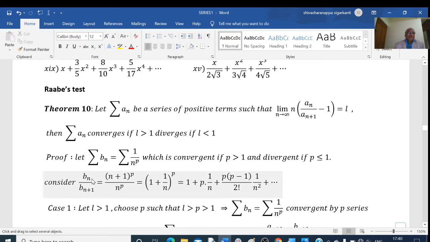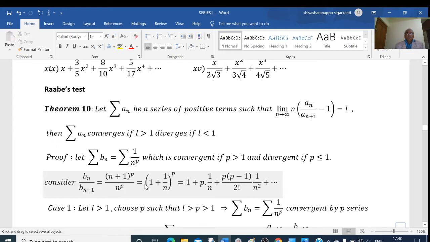Let me consider b_n by b_(n+1). b_n is 1 by n to the power of p divided by b_(n+1), that is 1 by (n+1) to the power of p. So that is b_n by b_(n+1) is equal to (n+1) to the power of p divided by n to the power of p.